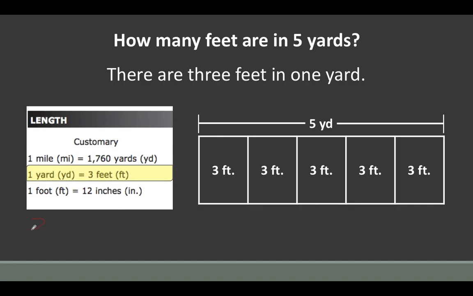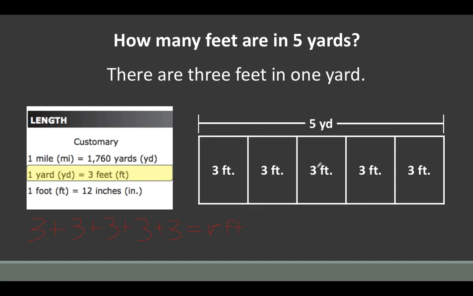So you have one option of 3 plus 3 plus 3 plus 3 plus 3 is going to equal our unknown number of feet. That's supposed to be a U, by the way.